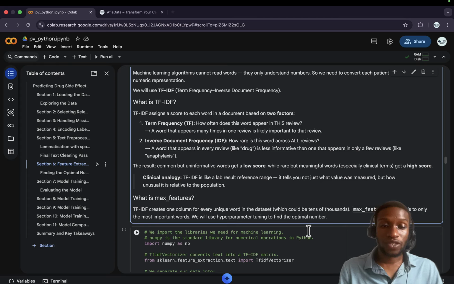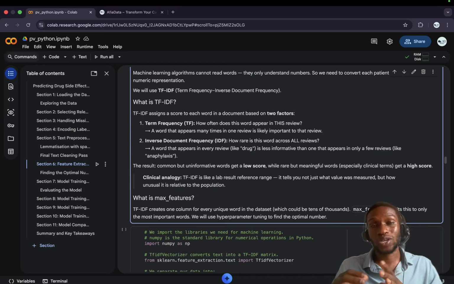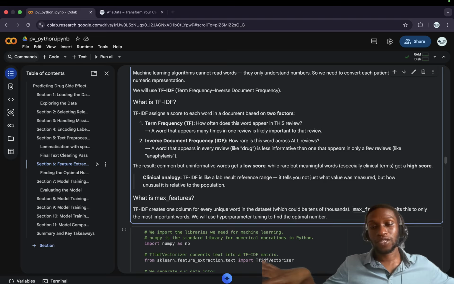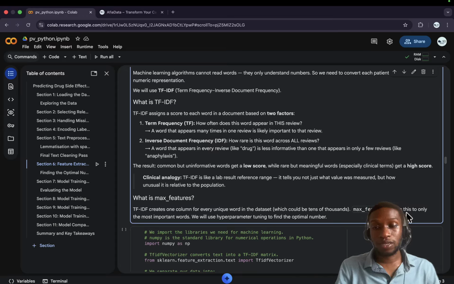So what is max features? TF-IDF creates a column for every unique word in a dataset, which could be tens of thousands. Because we don't want to inflate our features, we need to have a max limit, which limits this to only the most important words.